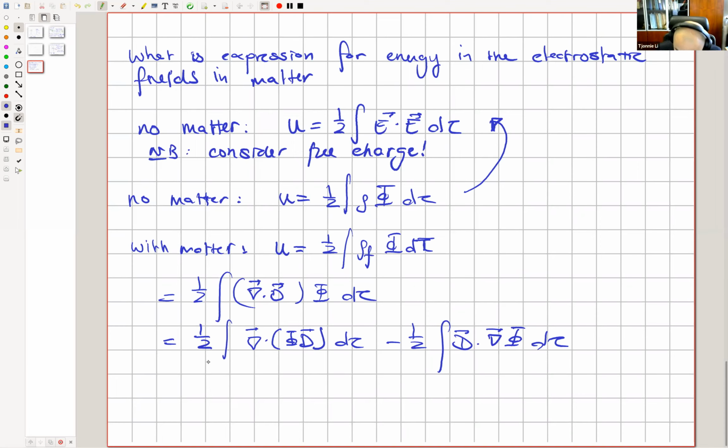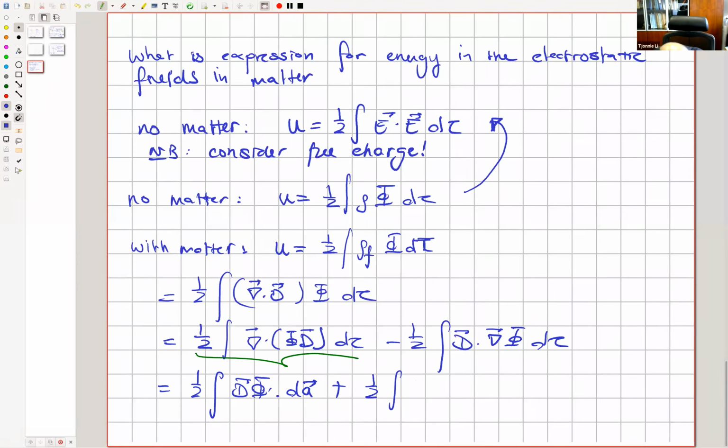Now the first term here, we can rewrite using Gauss's theorem. This simply becomes a half phi D dA, and the gradient of phi is minus E.